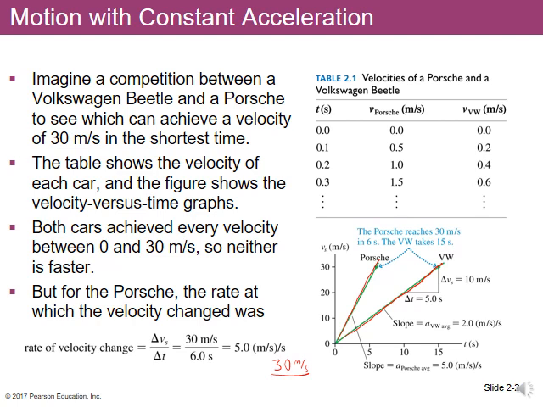But it took 15 seconds for that to happen. So we could say that the Porsche has an acceleration of 5 meters per second squared, while the Beetle only has an acceleration of 2 meters per second squared. So even though they eventually reached the same speed, the Porsche got there a lot faster.